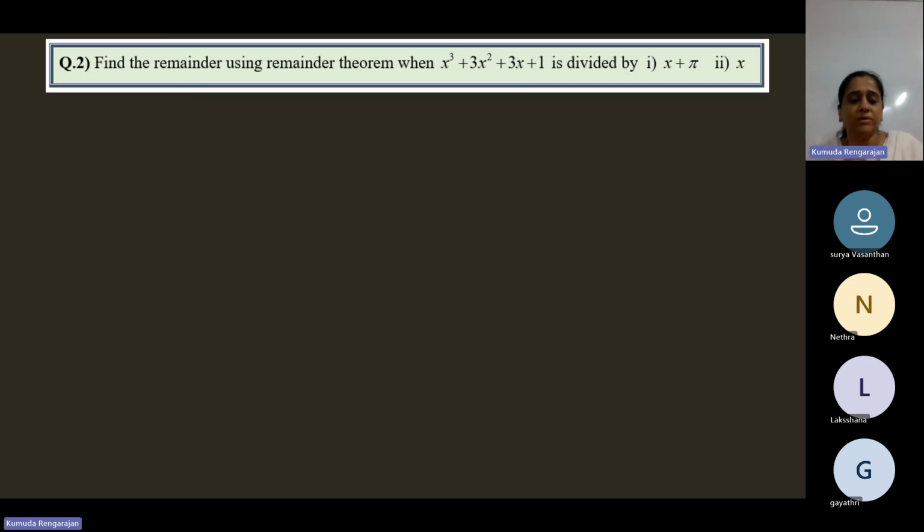Find the remainder using remainder theorem when the given polynomial is divided by x plus pi and x. Don't take 22 by 7 for pi. Pi is pi. Don't use the value 22 by 7 for pi.